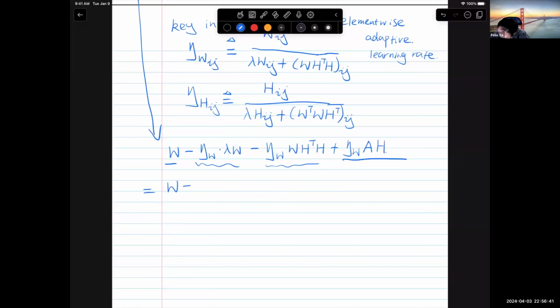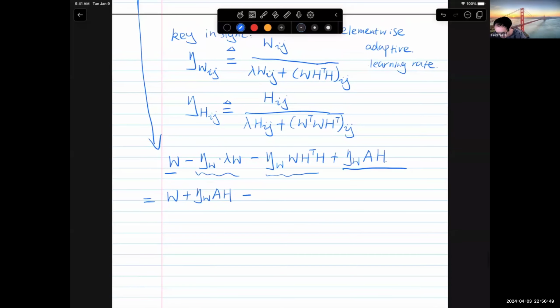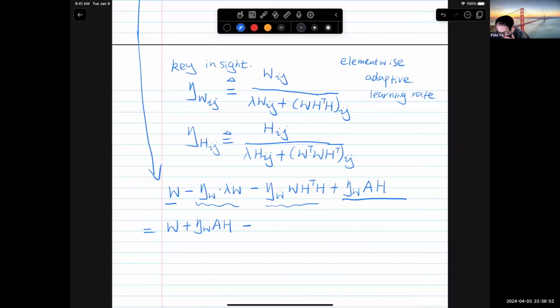So W plus eta W of A H^T, subtract the eta W of lambda W plus W H H^T. Okay, so this is basically here. Here I only consider the entry ij, same thing.